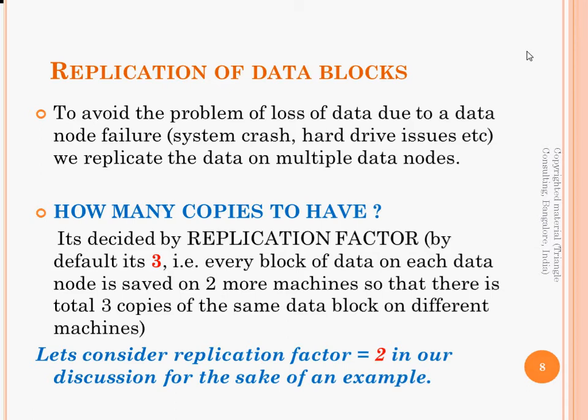By default in Hadoop, it's set to 3. It can also be set to 5 on a per-file basis. For the sake of discussion in this example, we shall consider a replication factor of 2. So 2 copies of every block would be present across the cluster.